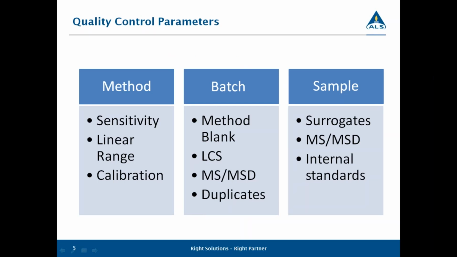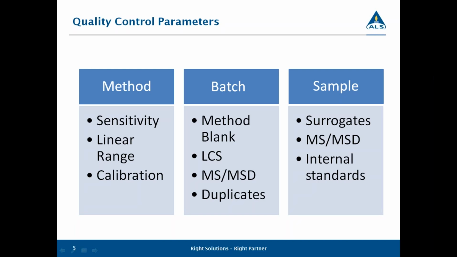So when we're looking at quality control parameters, this is a generalization, but there's 3 levels of QC: the method level, the batch level, and the sample level. There may be others that are method defined or project specific, but in terms of method quality control parameters, we have sensitivity and the linear range of the calibration. On a batch level, we have the method blank, the LCS, which stands for laboratory control sample, MS, which stands for matrix spike, and MSD, which stands for matrix spike duplicate.